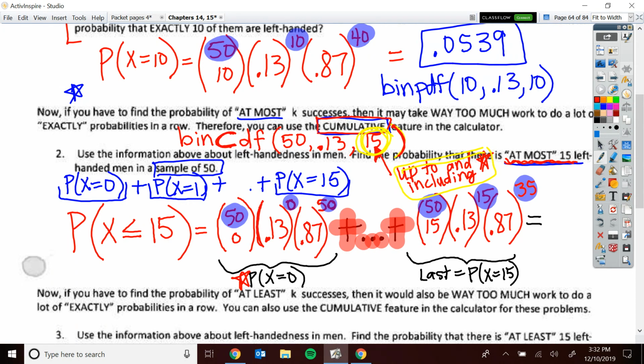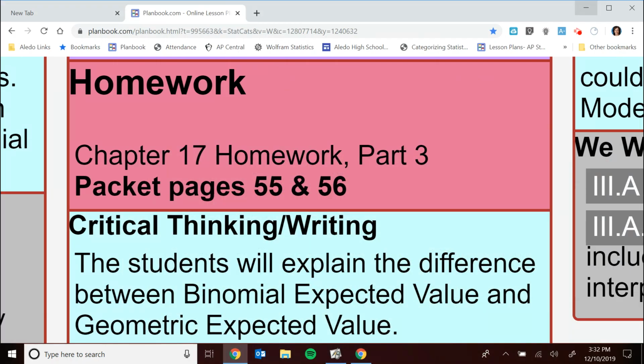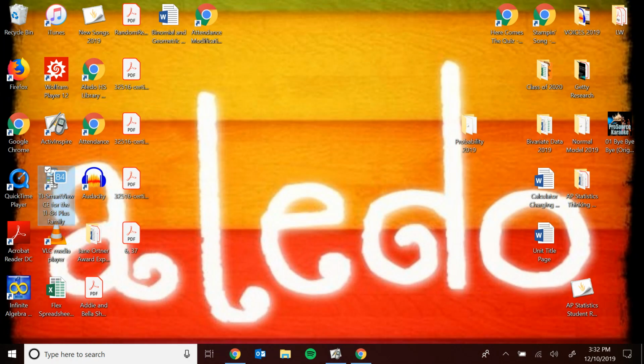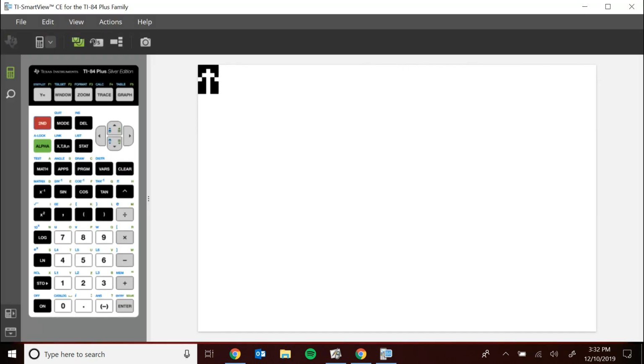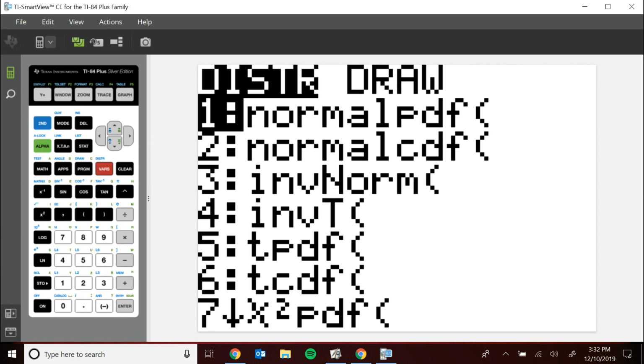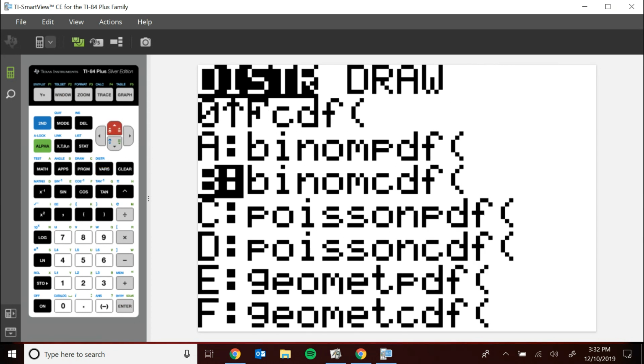All right, so let's go to our calculator. And you're going to go to second vars and the distribution. And we want binomial CDF. So second vars, I go up to binomial CDF, not PDF. PDF would be used if it said exactly 15 successes out of 50.